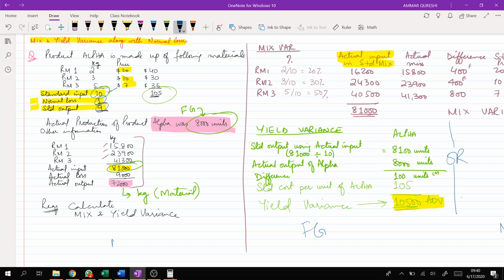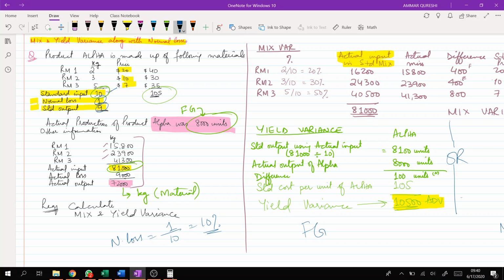So what is the normal loss percentage here? Normal loss is 1 out of 10. That makes around 10%. So we are expecting that irrespective of how many kilograms we are inputting into the process, there will be a loss of 10% and we will get 90% of the output, right? This is basically what is written here.